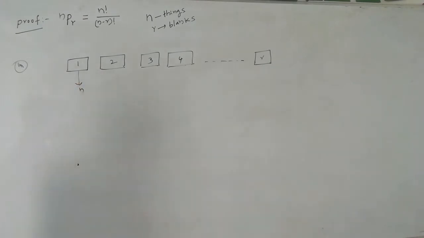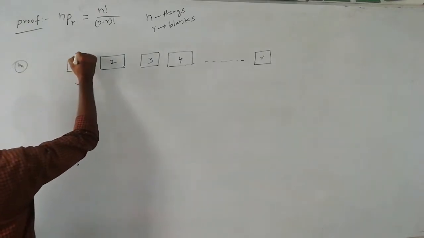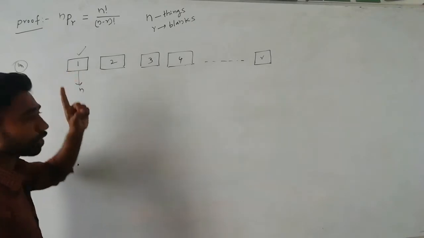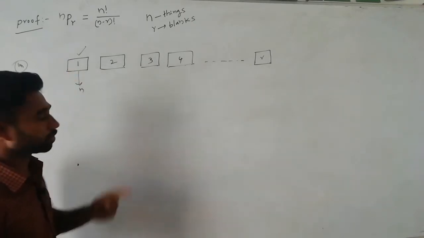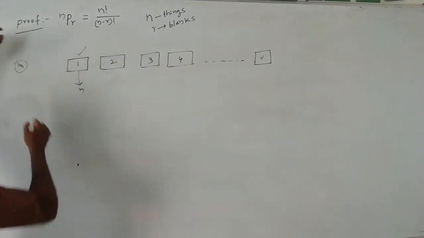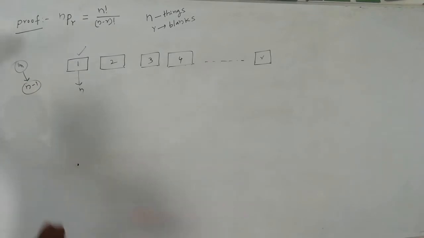Okay, so one box is over, one number is over. At a time we can fill up only one number out of the n numbers. Out of the n numbers, one number is over. Remaining how many numbers? Remaining n minus 1 numbers.